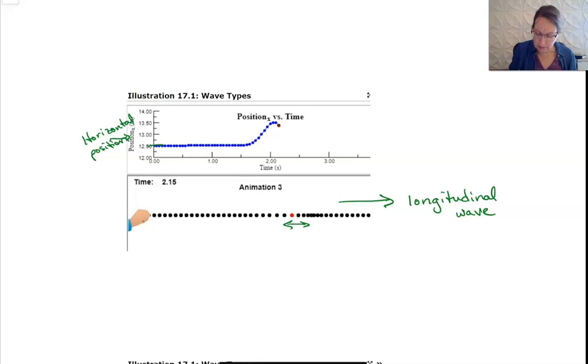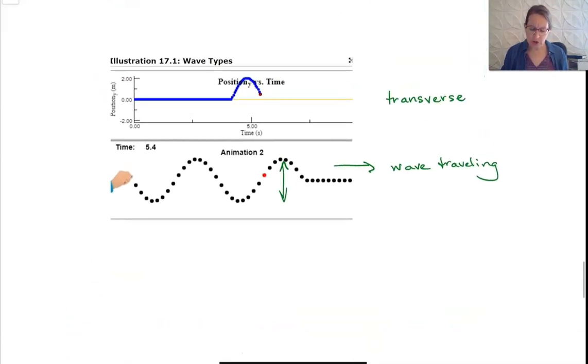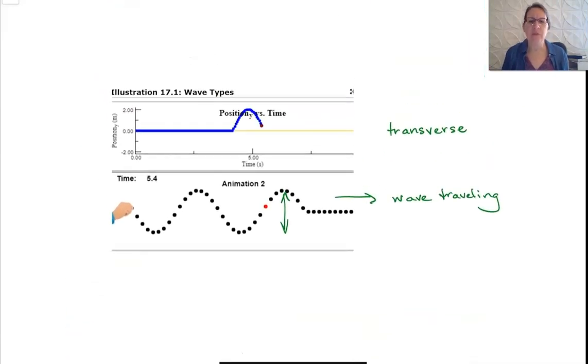It's staying at basically 12.5, which was its home base, and it got pushed, and then it's slowly going back to its home location at 12.5 meters. You can see it oscillates about a meter, which is a pretty big oscillation for something like this.